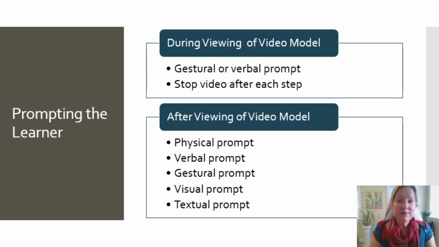Gestural prompting, maybe pointing the learner's hand or arm to remind the learner to raise it, or maybe visual prompting, showing the learner an image of a learner raising their hand. The prompting could also be textual, where we could show the learner a card on which it's written, "Raise your hand, please." When the learner starts to exhibit the target behavior consistently, prompting is gradually faded to promote independence and to ensure that the skill is maintained.